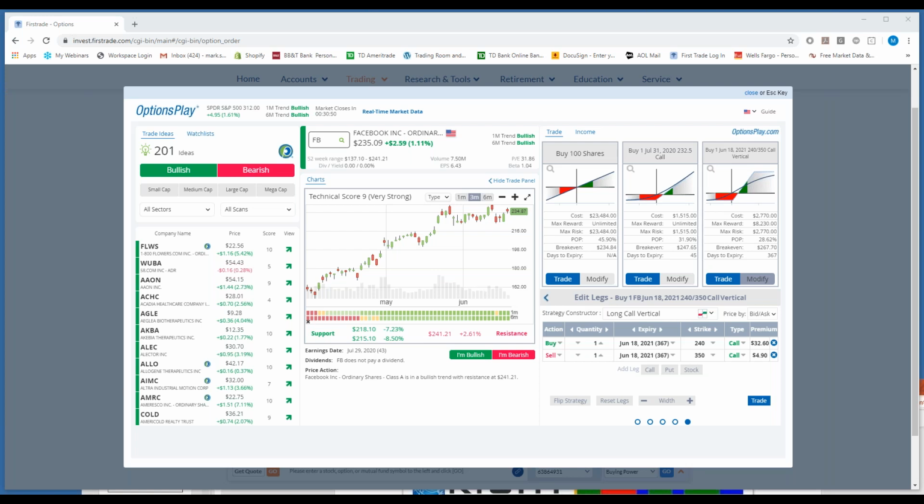And if you think that a condor or a butterfly is going to do that for you, you can take it. I think that if you're going to day trade, you want to get in and out really quick with very little quote slippage, you don't want to pay the market maker much on the bid and ask. I think you're better off with a one-legged, buying a call or buying a put or buying a vertical. They're easy to get in, easy to get out.